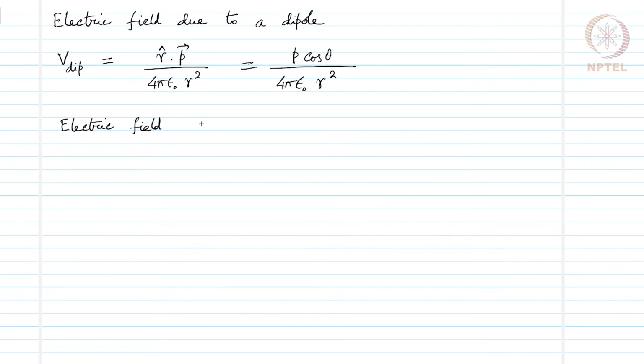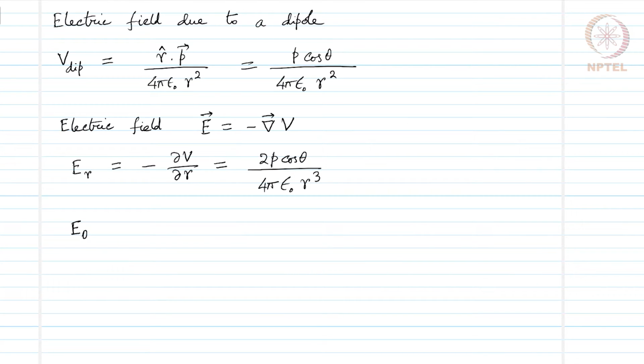Then we can write down the expression for electric field from the scalar potential as E equals the negative gradient of the scalar potential. So, let us try to calculate the r component of this electric field. That would be given as minus del V del r, which equals 2p times cosine of theta over 4 pi epsilon naught r cubed.